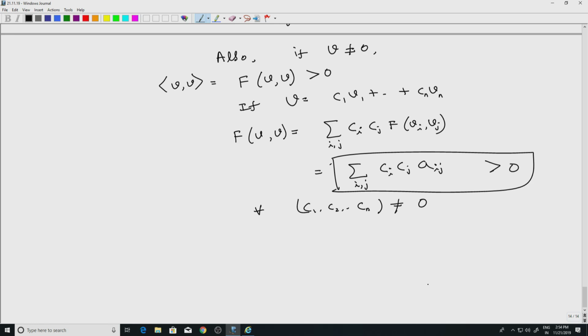So this inequality here is something familiar, which arises when one studies matrices.